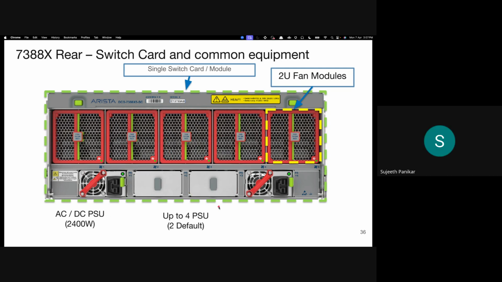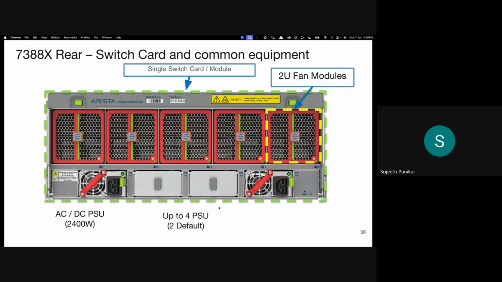Sorry, just one correction. In Glacier, if you want to remove the switch card, what you would first do is remove the line card, and then you will have access to the switch card. So when you do that, you have to actually remove the transceivers and all the cabling, and then pull out the line card, access the switch card, and then put back the line card again.